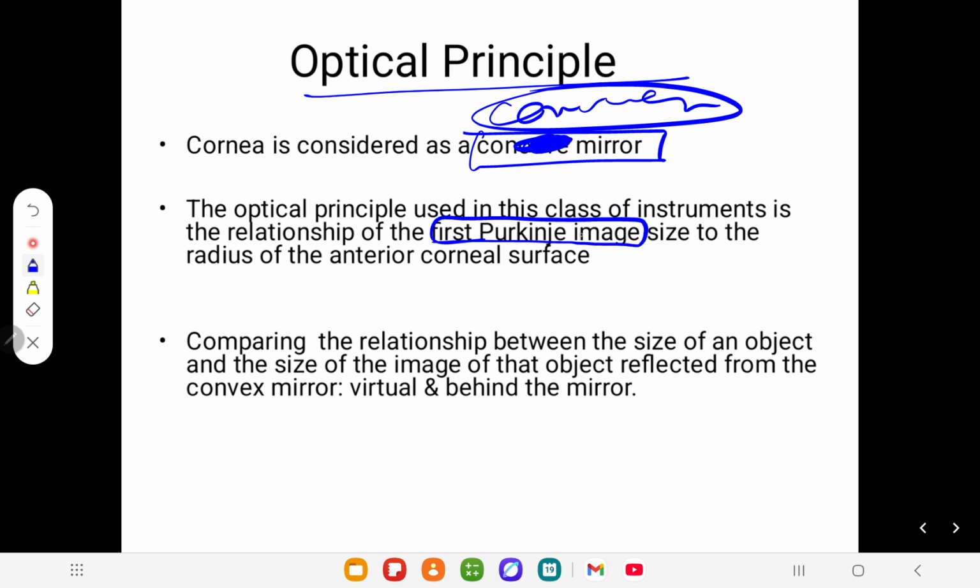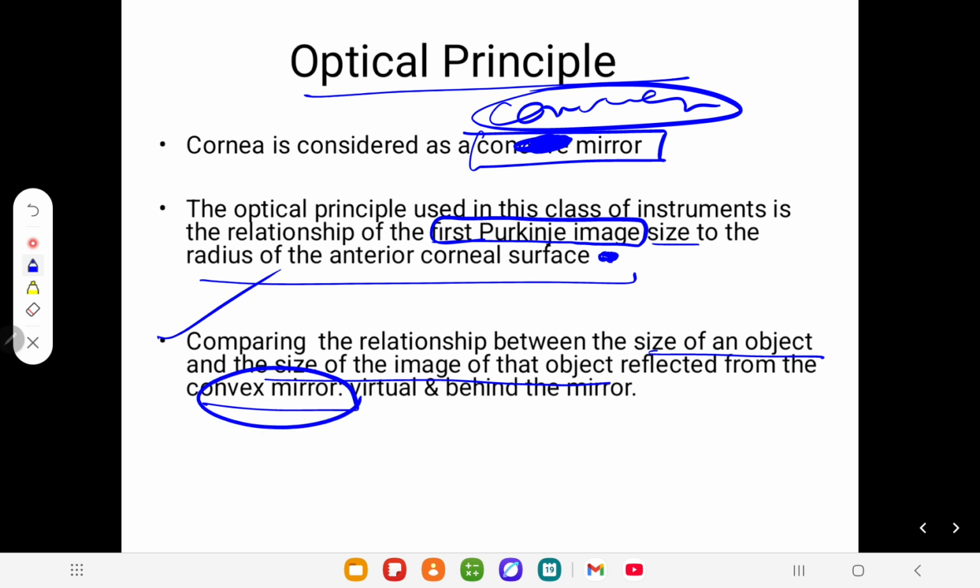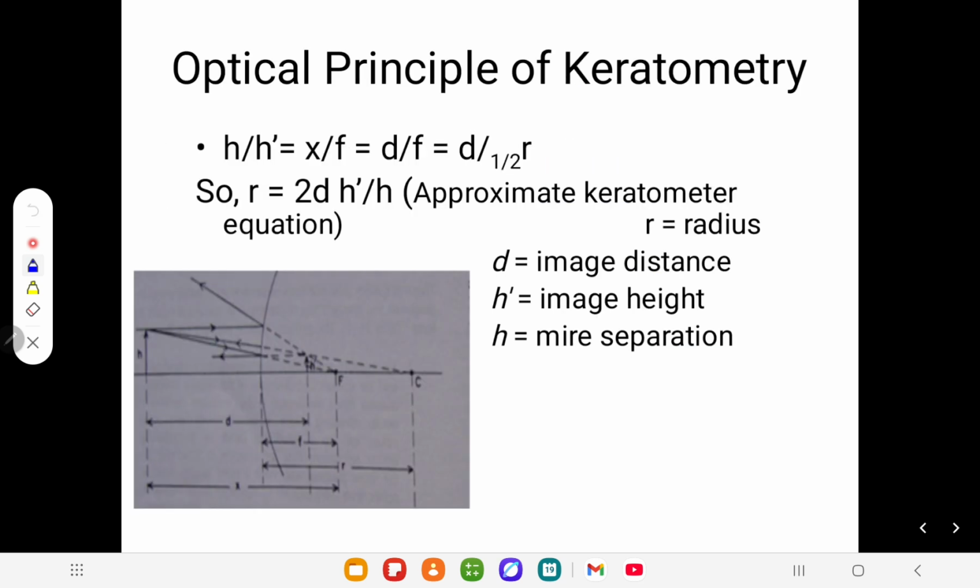The optical principle used for this class of instrument is the relationship of the first Purkinje image size to the radius of the anterior corneal surface, because we measure the image when we project the object. So we compare the size of an object with the size of its image reflected from the convex mirror. Convex mirror of what? The front surface of the cornea is the convex mirror, and the image is virtual and behind the mirror, as we know.